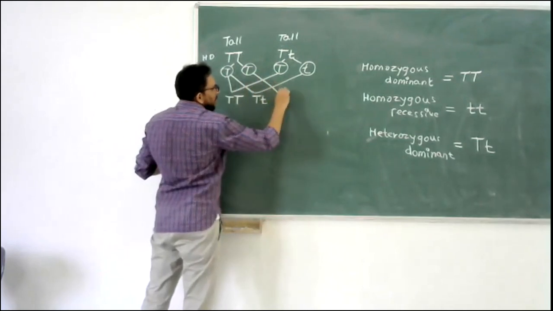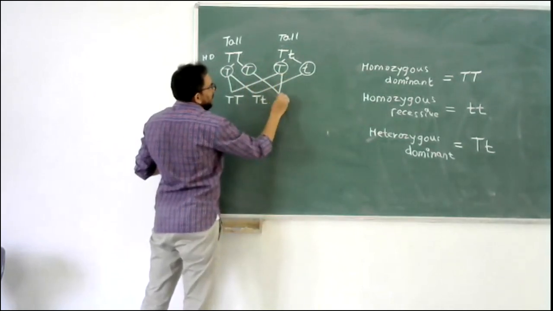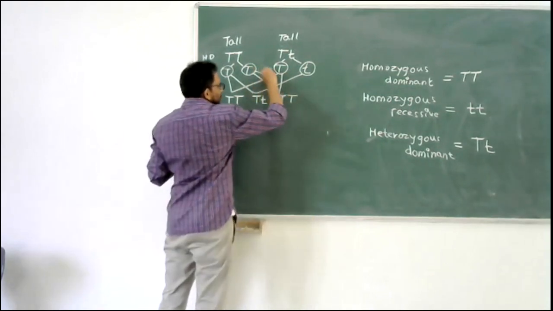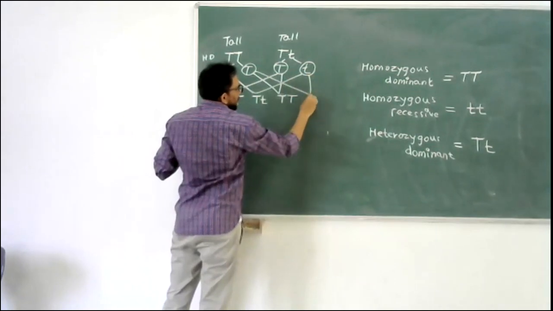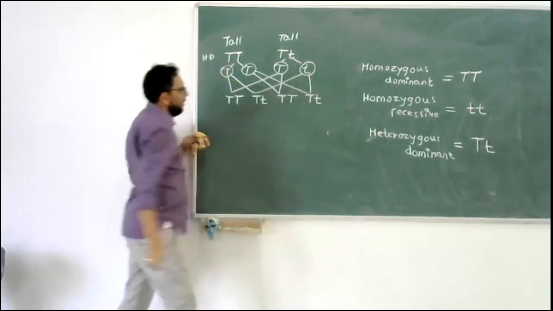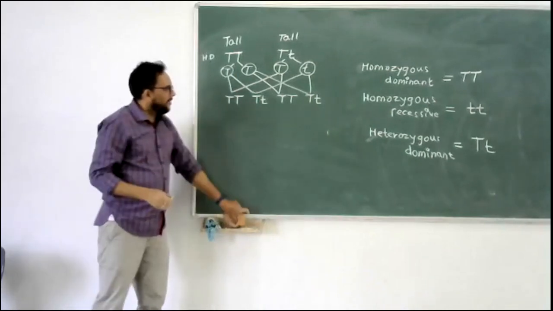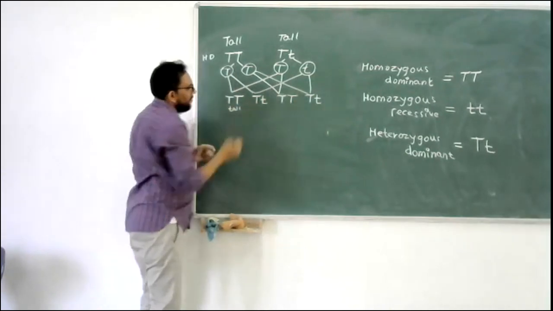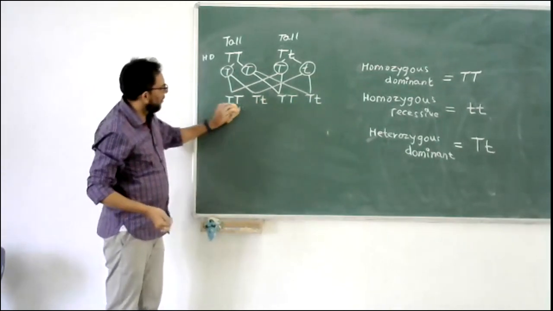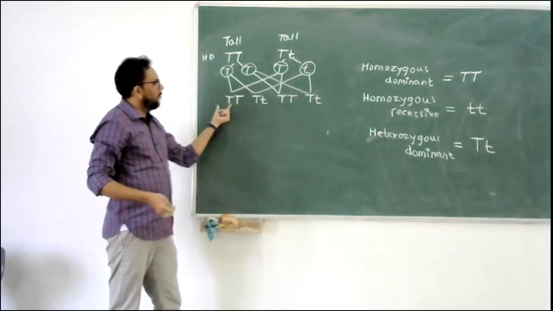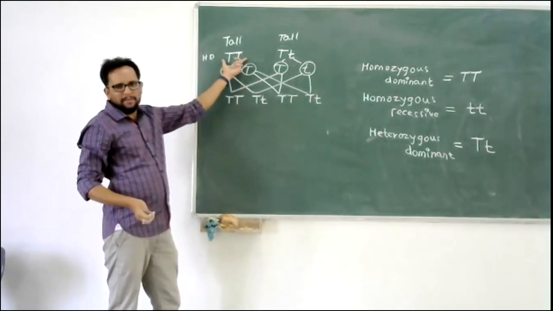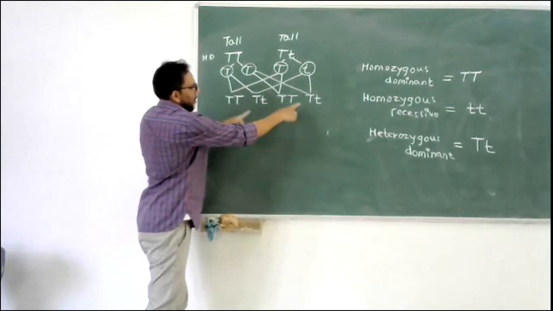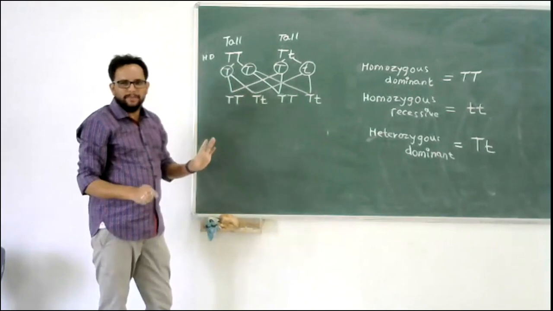Then the next possible combination is again capital T, capital T. And the last possible combination is capital T, small t. Now, if you look at the genotype, all of them will be tall, correct? Because all of them have at least one dominant allele from this parent. So they are either homozygous dominant or heterozygous dominant, right?